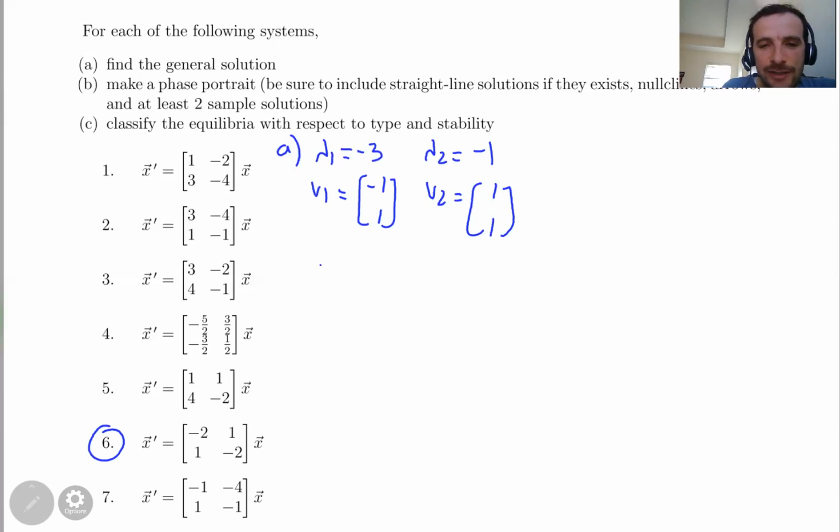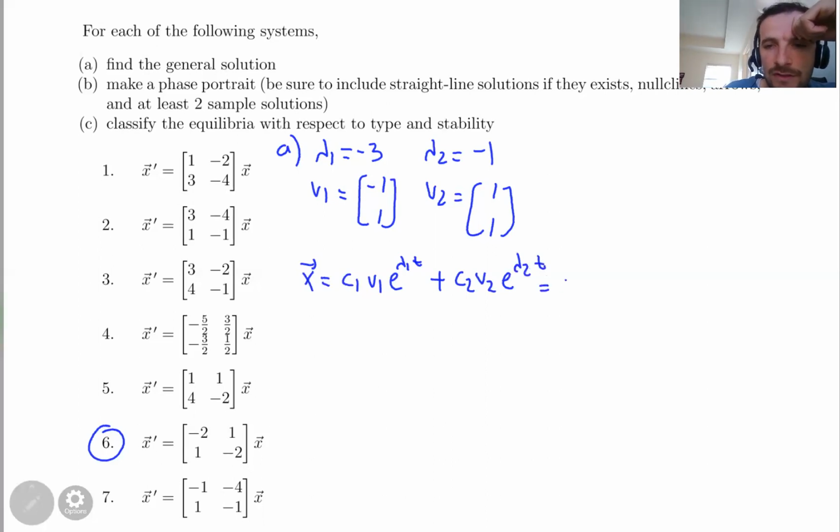So what is the solution then? Remember the formula: x equals C1 V1 e to the lambda 1 t plus C2 V2 e to the lambda 2 t.